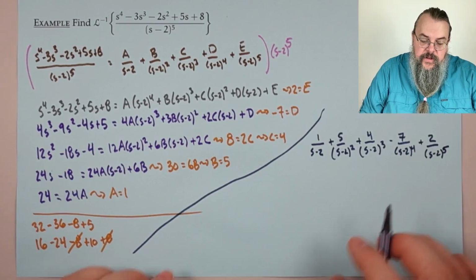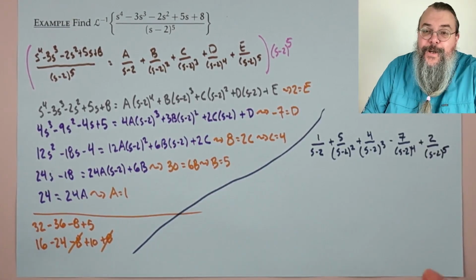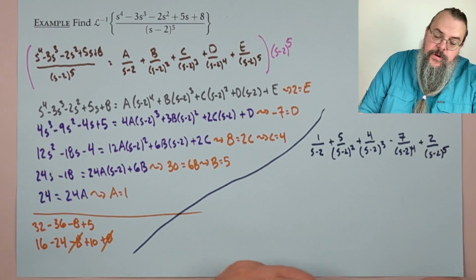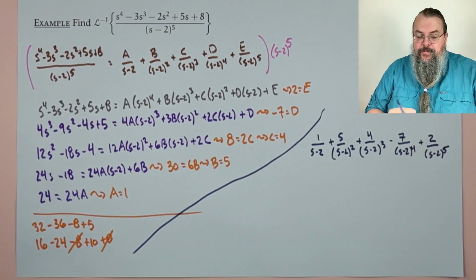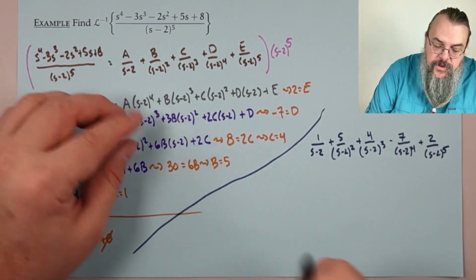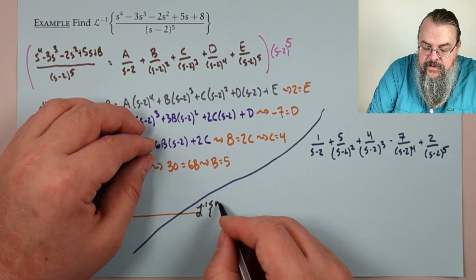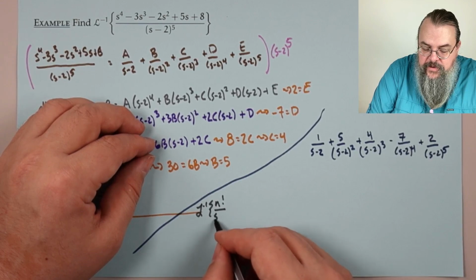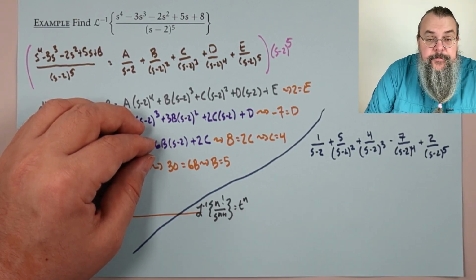Good, good. All right. Now, we need to think about our rules. There's a couple rules that are going to come into play here. The rules we need to remember: the inverse Laplace of n factorial over s to the n plus 1 is t to the power n.